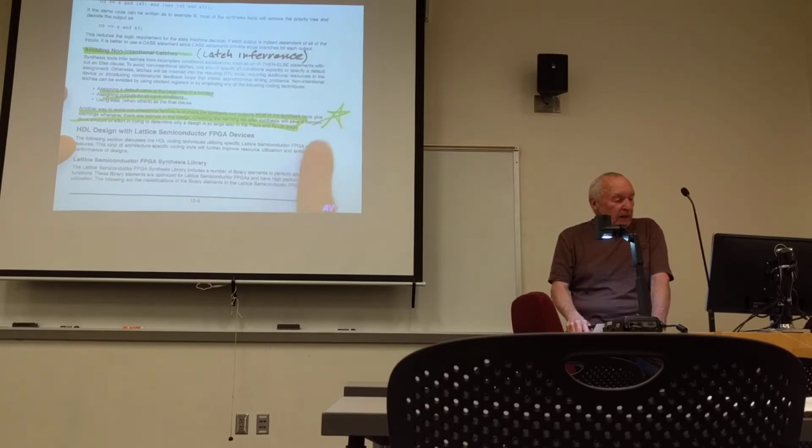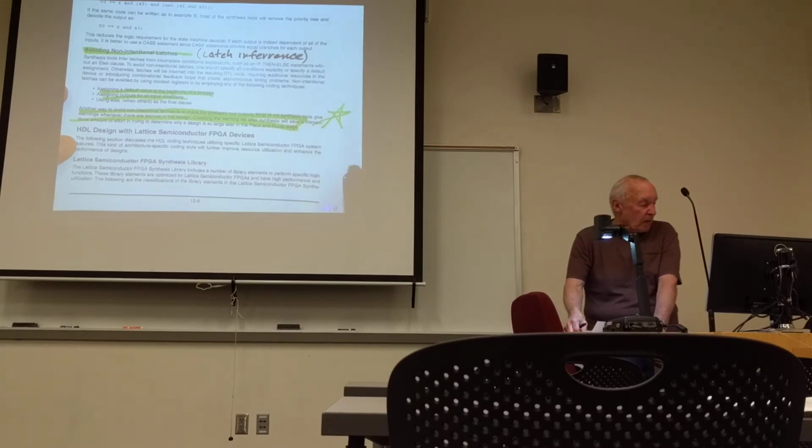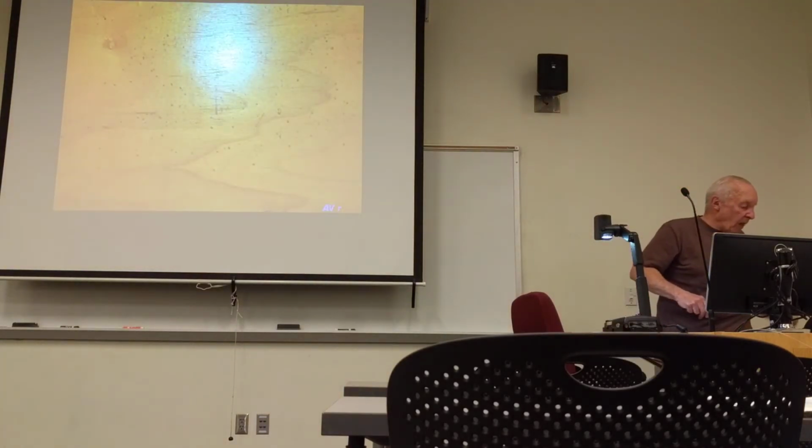And what they're recommending, and why I put a star here, is you need to check the synthesis output file and see if you had any latch inference warnings. If you do, you need to go back to that code that produced the latch and modify it. So you need to check to make sure that you don't have latch inference issues.